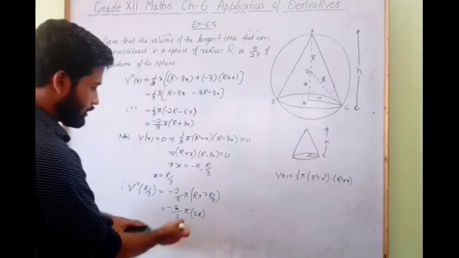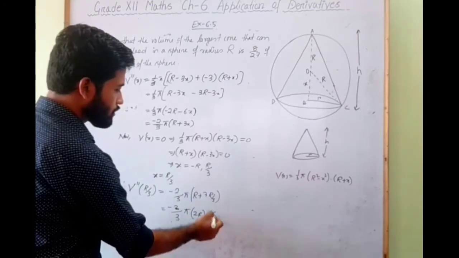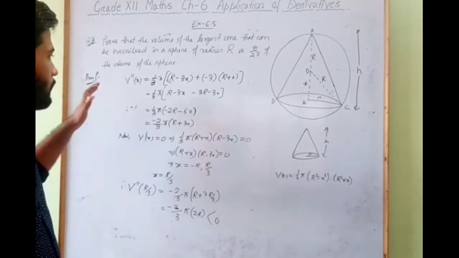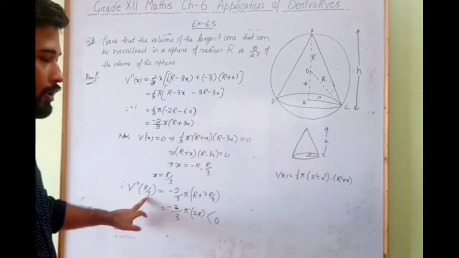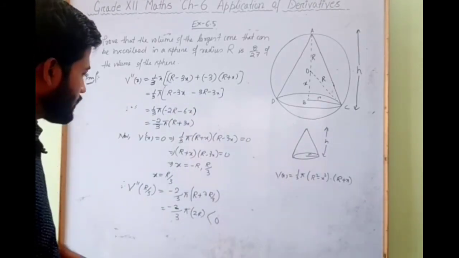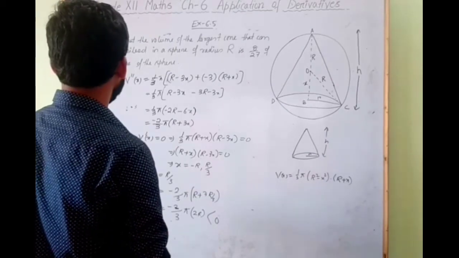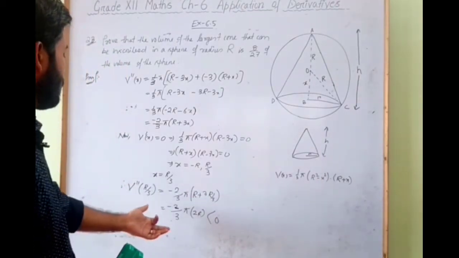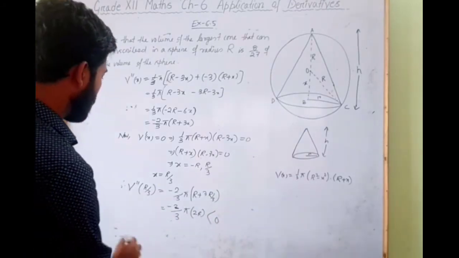No need to do more, you can see this is a negative value, so this will be less than 0. Therefore we are getting the maximum value of the function V at the point r/3. So this will be maximum when x is equal to r/3.